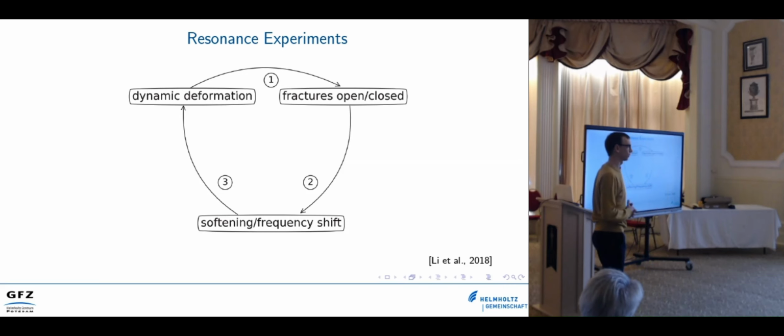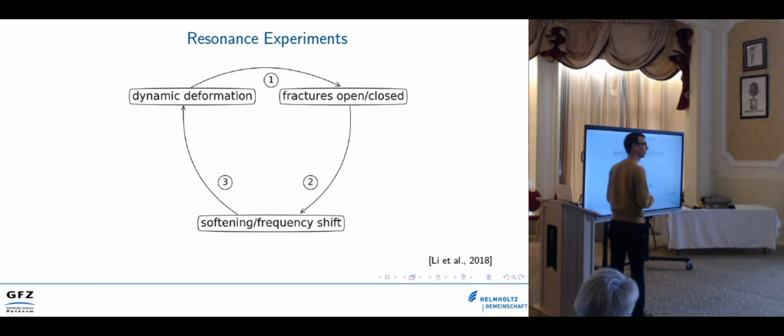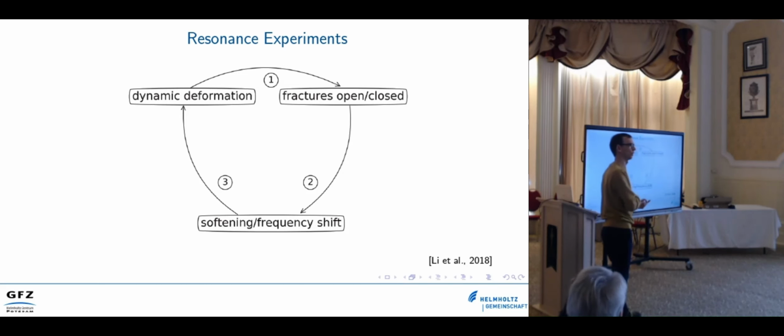The important thing about these resonance experiments is that when the material gets softer, the amplitudes get larger. So there's a feedback loop. When you damage the sample, you change the elastic properties, which influences the amplitudes, which again influence the nonlinearity or the damage in the material.